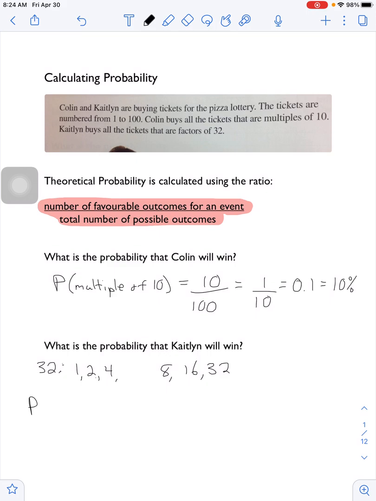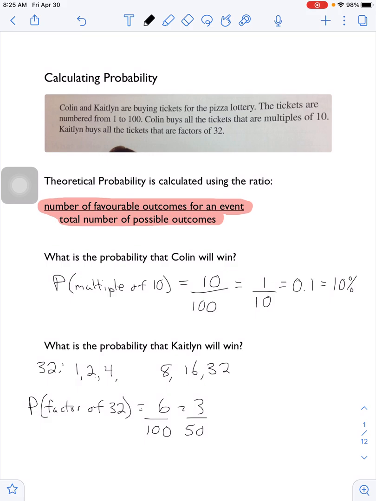So the probability of a factor of 32 equals 6 out of 100. So in the lowest terms, that's equivalent to 3 out of 50.